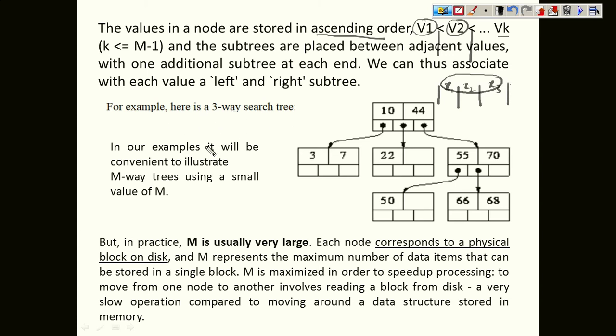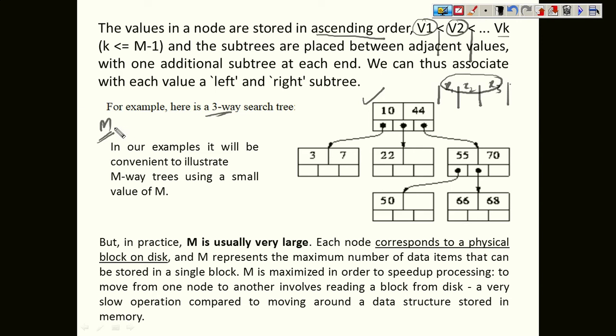So we have taken an example of a three-way search tree. When I say three-way, that means a node can have a maximum of three subtrees and two values. So here you can see this is a node of a three-way search tree. You can also say that two-way trees are a kind of M-way search tree, but when we talk about M-way search tree, it is a generalized notation applicable for values more than 2.